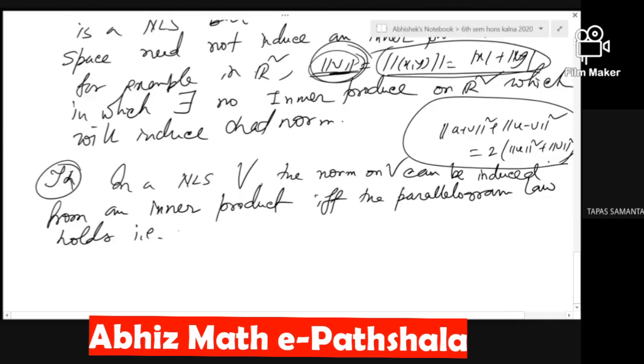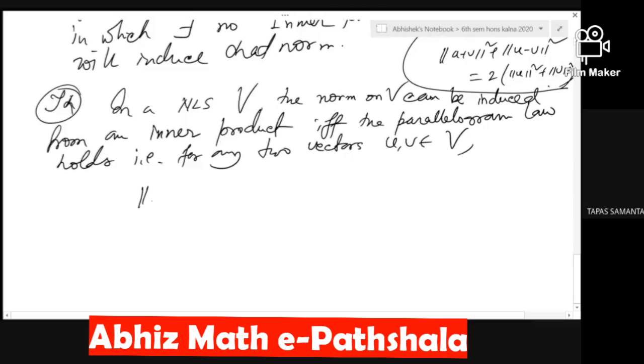That is, for any two vectors u, v belonging to capital V, norm u plus v square plus norm u minus v square equals 2 into norm u square plus norm v square.